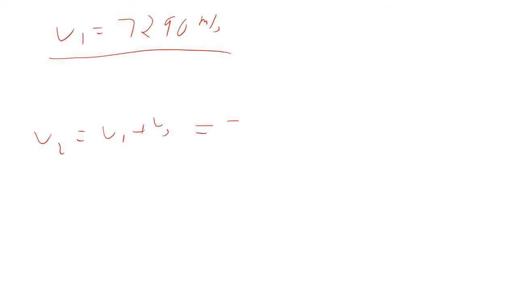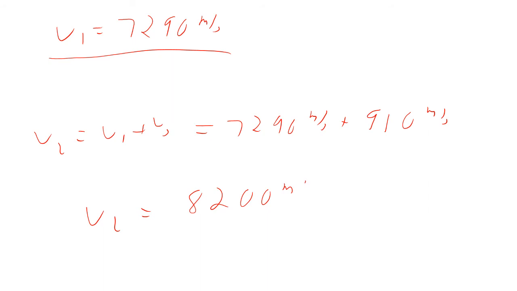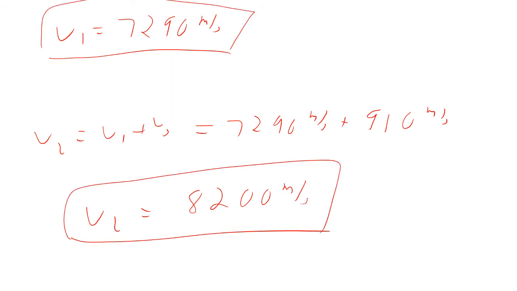V1 is 7,290 meters per second. What about V2? V2 is V1 plus Vs, so 7,290 plus 910 meters per second. V2 is going to be 8,200 meters per second.